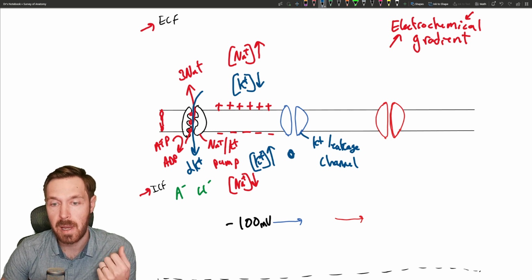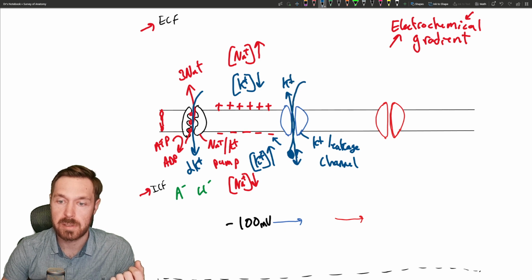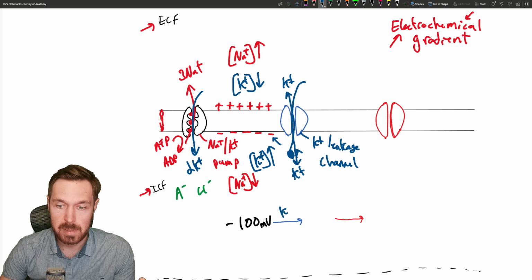So if a potassium ion is inside the cell right here, it's in a negative environment, which it likes, but it's in a high concentration, which it doesn't like. So this leakage channel has some positive potassium ions leak out, but at the same time, some also leak back in. And so here, when potassium leaks, the resting membrane potential, or the voltage, gets down to minus 90 millivolts.